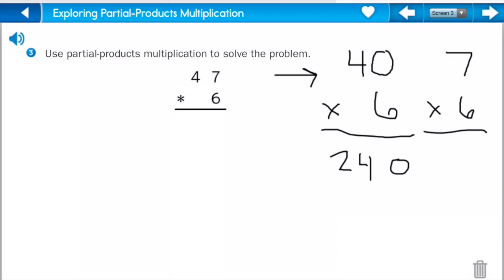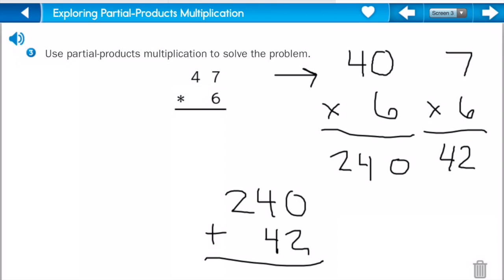Yep, 42. Now, what we're going to do is add this together. So we're going to add 240 plus 42. We're going to get 2, 8, 2. So 282.